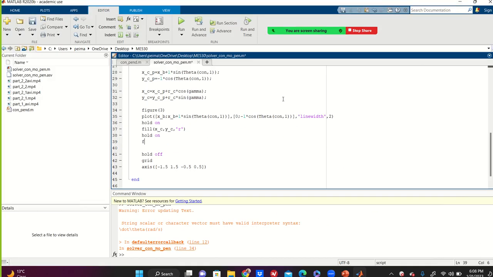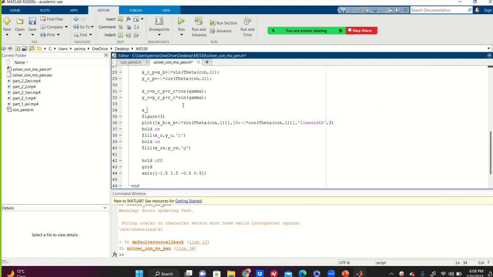So I'm gonna say fill x of rectangle, and the y of rectangle, and make it green. But I have to define x of this. So x of rectangle, as I did exactly, is minus 0.5 to plus 0.5 to plus 0.5 to minus 0.5.